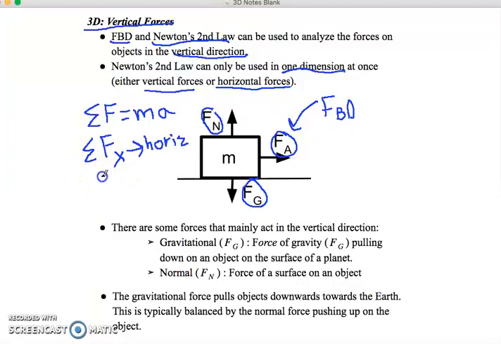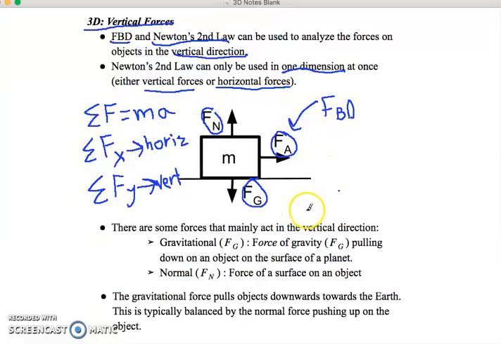And then we're going to use sigma F with a little y, and that's going to be the net force in the vertical direction, the vertical forces. Again, we can only analyze one at a time.